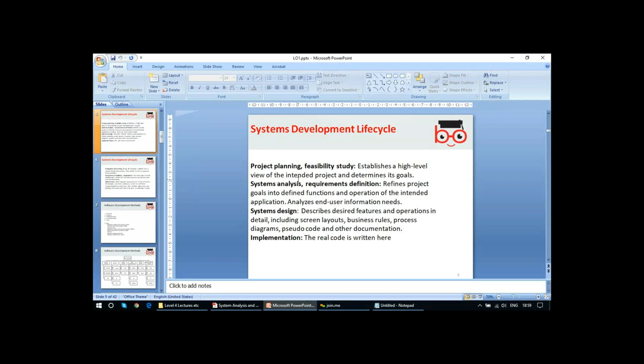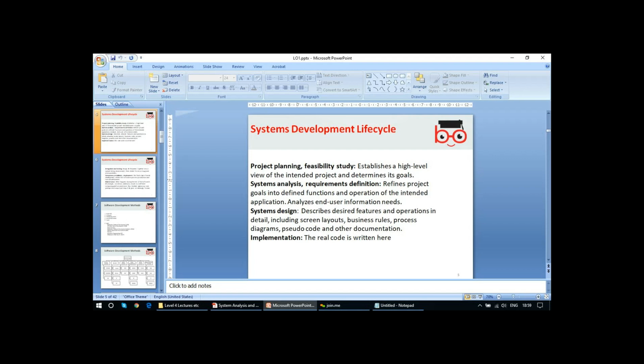Now you have to keep in mind, this is basically from requirements to analysis, design, and implementation. That is the software development. Software development goes through these steps.